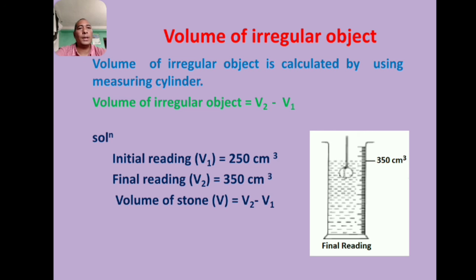Volume of stone V equals V2 minus V1, equals 350 cubic centimeter minus 250 cubic centimeter, equals 100 cubic centimeter.